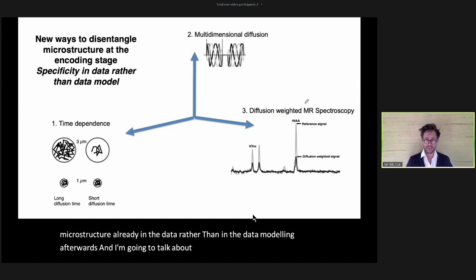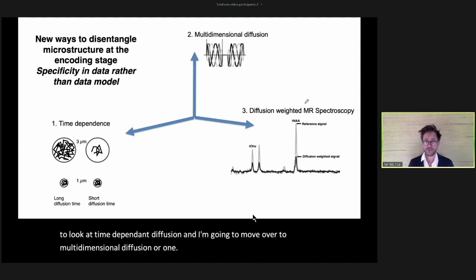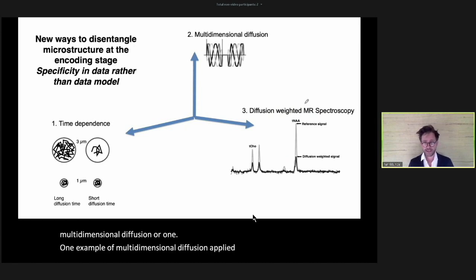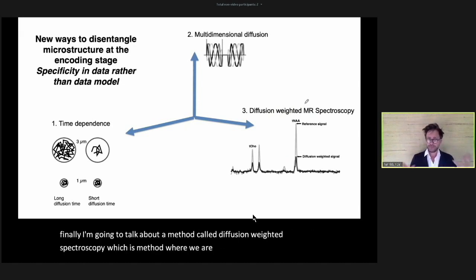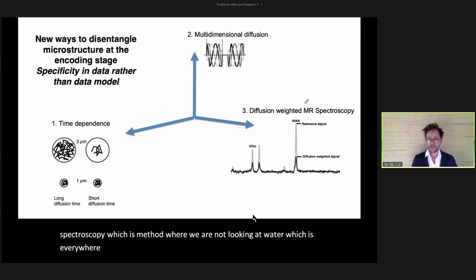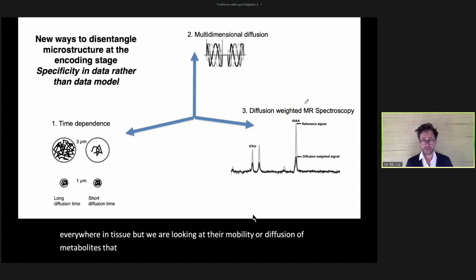One is to look at time-dependent diffusion, and I'm then going to move over to multidimensional diffusion, or one example of multidimensional diffusion applied to the cerebellum. And finally, I'm going to talk about a method called diffusion-weighted spectroscopy, which is a method where we are not looking at water, which is everywhere in tissue, but we are looking at the mobility or diffusion of metabolites that are intracellular and cell type specific.